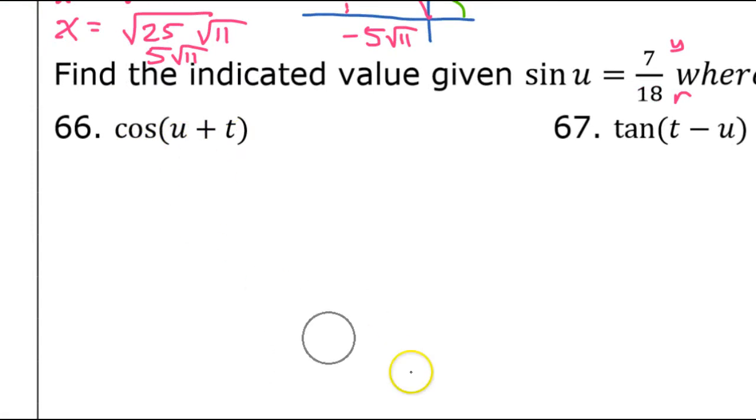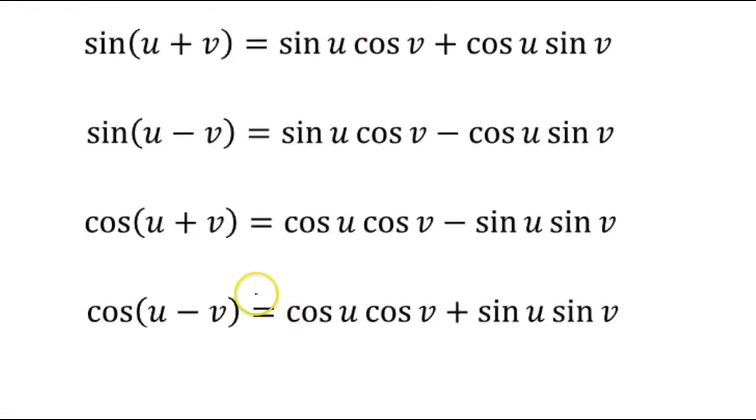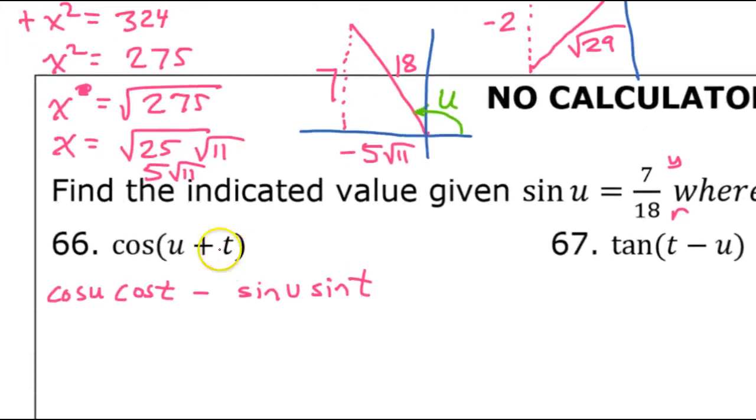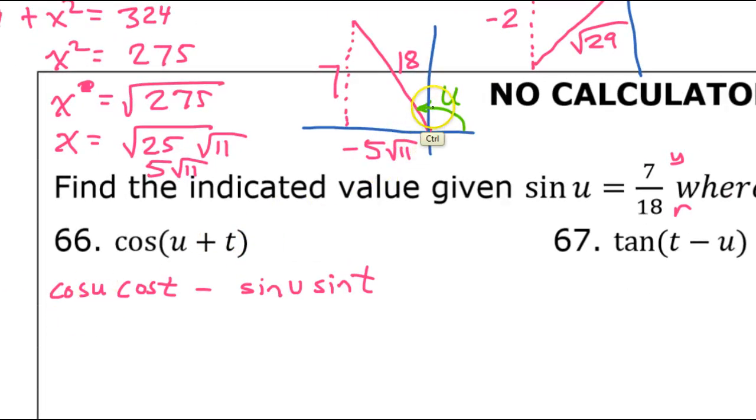The cosine of u plus t. The cosine sum formula goes cosine cosine minus sine sine. So I'm going to have cosine u cosine t minus sine u sine t. Okay, now looking at my little picture, the cosine of u is negative 5 radical 11 over 18. Negative 5 radical 11 over 18.